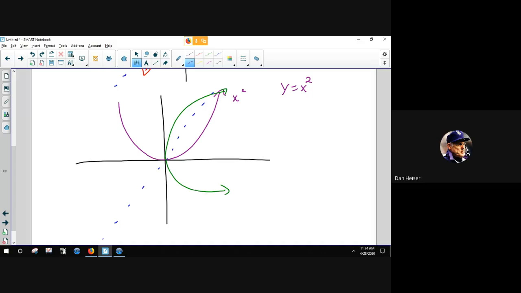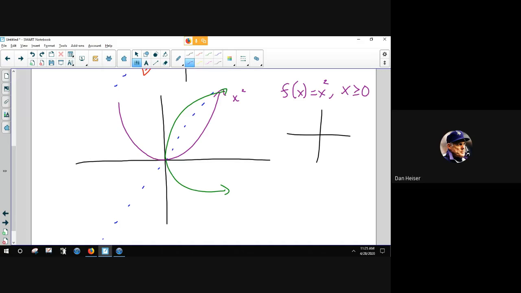We say that, let me write it this way. We say that f of x equals x squared, but only when x is greater than or equal to 0.